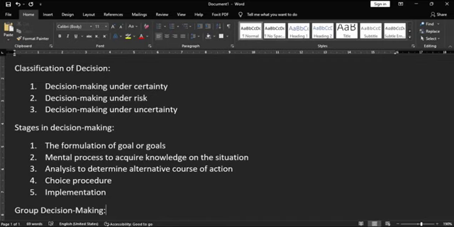Now, group decisions call for varied views, some optimistic and some pessimistic.